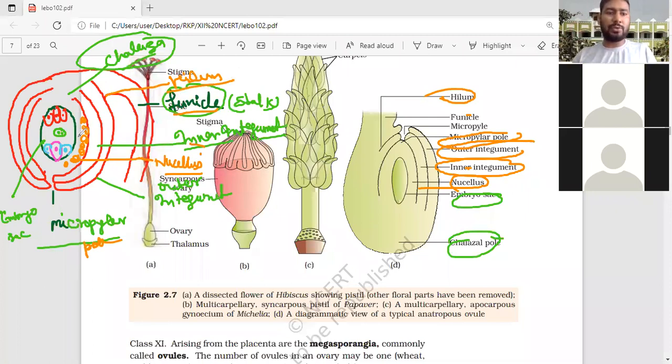You have also studied the hilum in the kidney, where the hilum is also found. This is the structure which I have drawn, and it is already drawn in your NCERT book, so you can compare. It is the same thing. They have shown it inverted. This is also called the inverted ovule, because it is represented inverted.